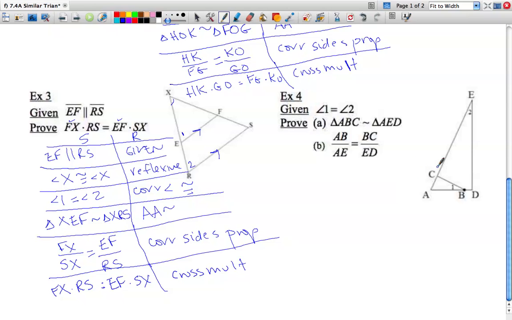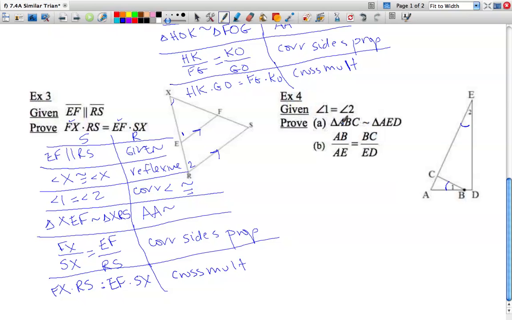All right, let's talk through example 4. I think you guys probably are ready to do some on your own. Given angle 1 equals angle 2, first step is to show that this little triangle is similar to AED, which is the big triangle. And then once we show they're similar, show that AB is to AE as BC is to DE.